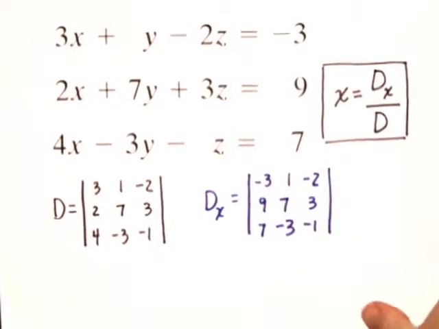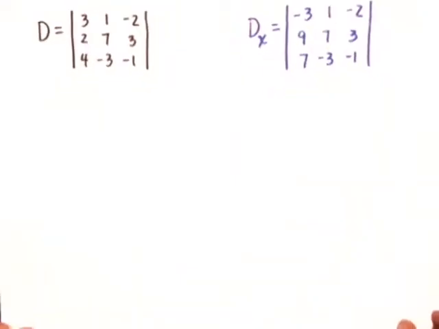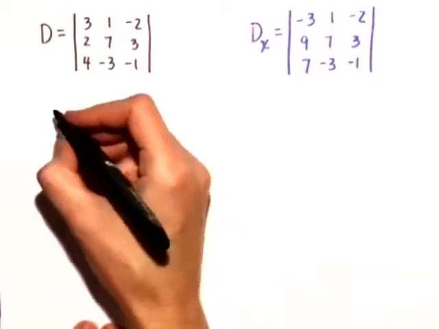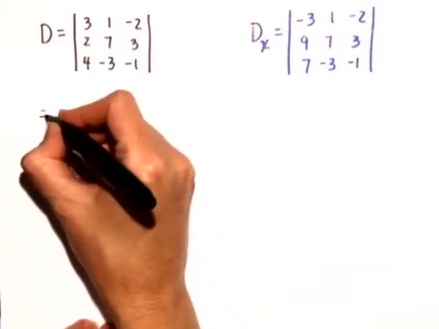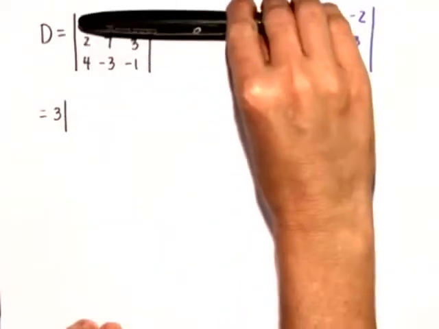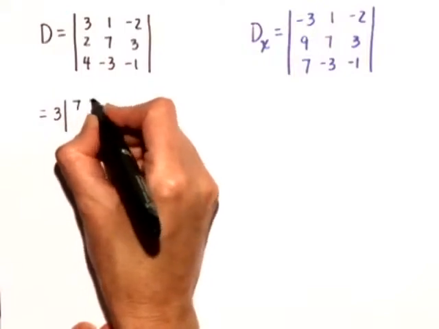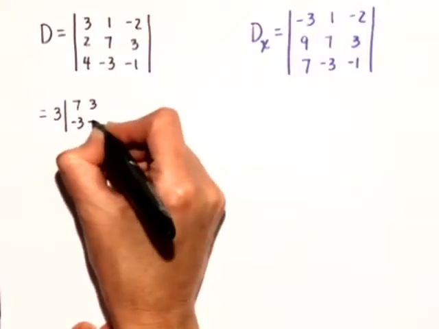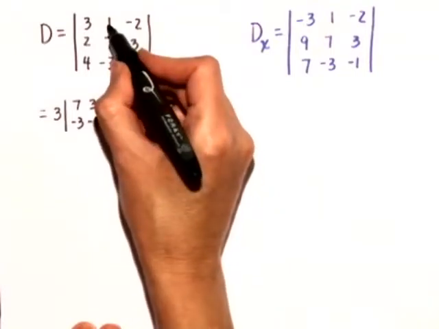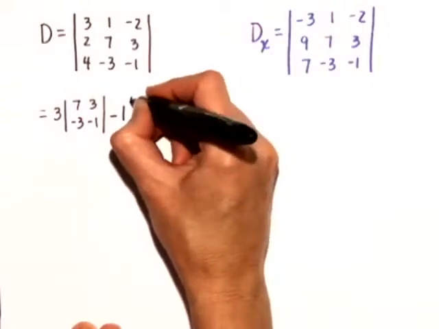And now we're ready to calculate these two determinants. First, we have d. Let's expand across the minors, and when we do that, we'll have 3 times the smaller determinant when we cross out the row and column that 3 is in. We'll have 7, 3, negative 3, negative 1. Minus, going across the first row, expanding, we write the coefficient 1.